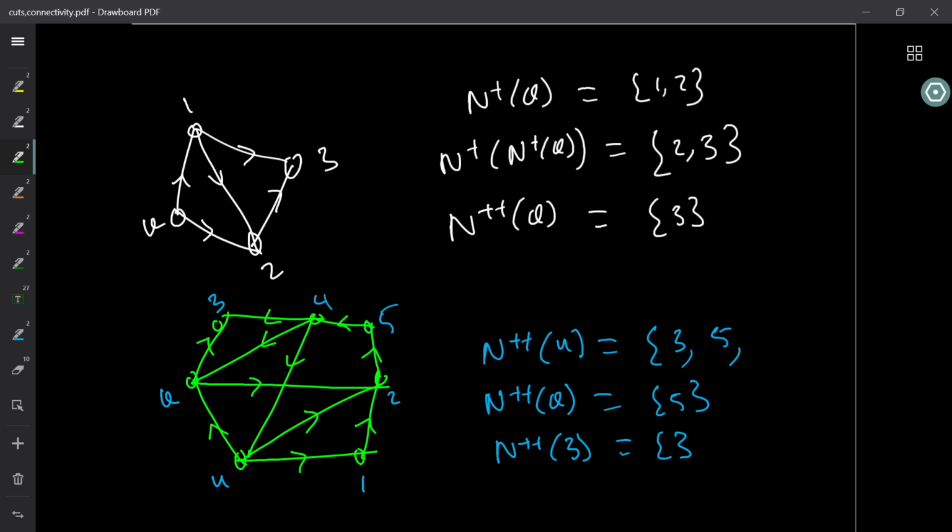Right? Because to 2 there is also a directed walk, like V to 1 and 1 to 2. So therefore 2 is also in the N plus of V, but it is not in N plus plus. So you should see the distinction between this and this.